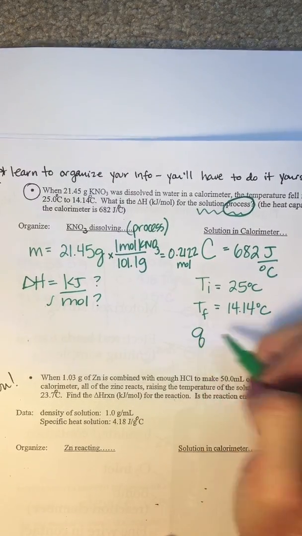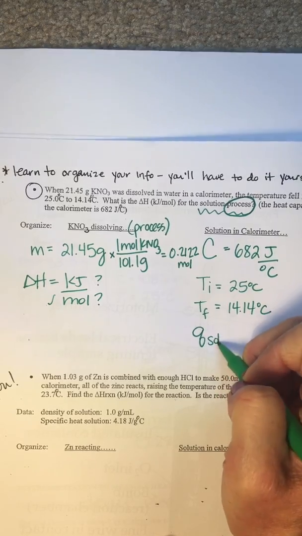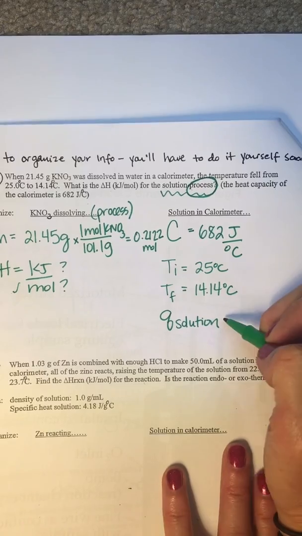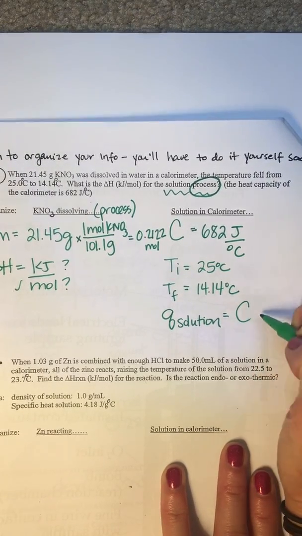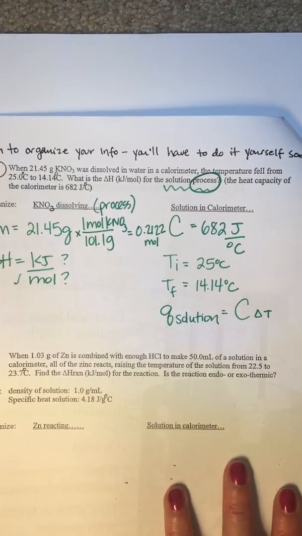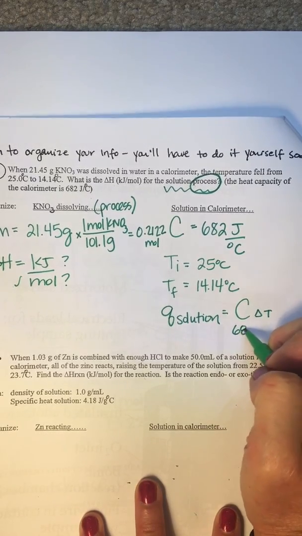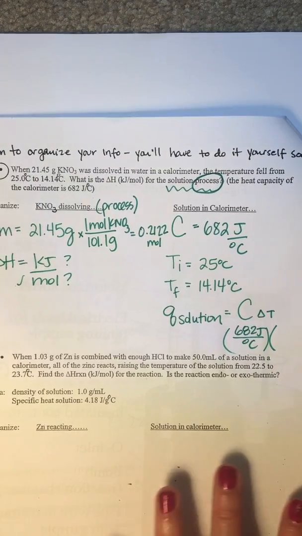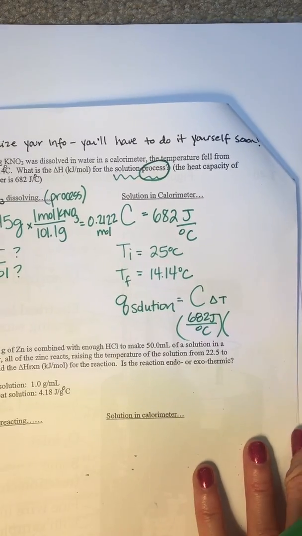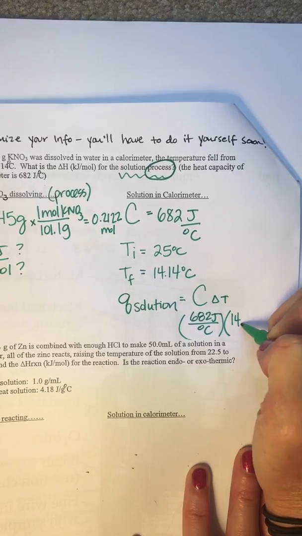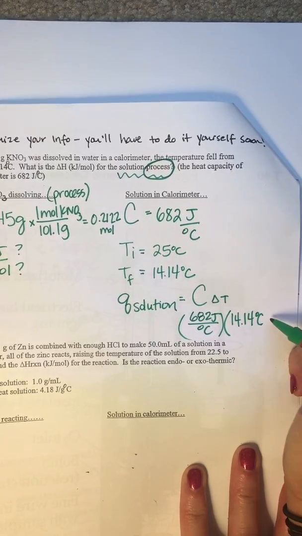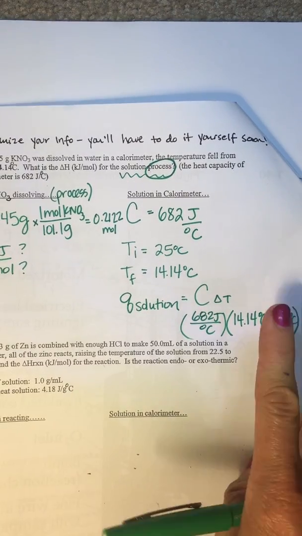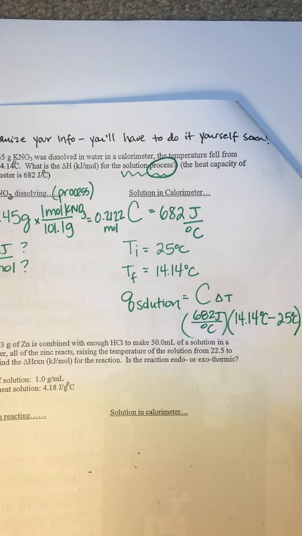So we can find the Q of the solution. I'm labeling this: this is of the solution in the calorimeter. So that's big C delta T. We can fill that in. And our change in temperature is always final minus initial. Notice we're going to end up with a negative change in temperature.